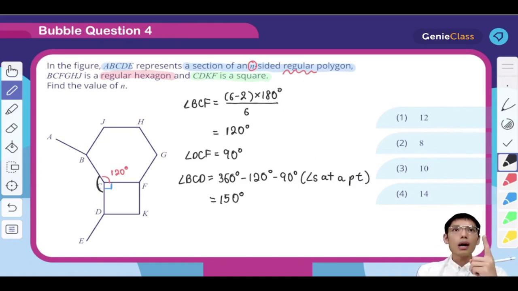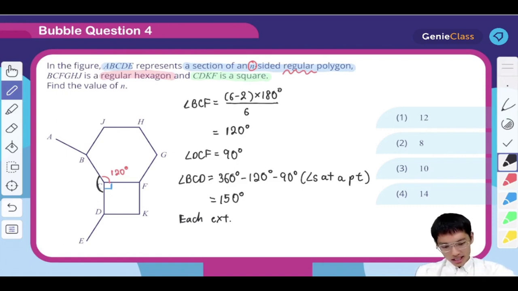Okay, so one way you can do it, you can straight apply the exterior angle formula, which is I go and find each exterior angle. Now, some of you may ask, teacher, why don't I just do n minus 2 times 150 divided by n? In this case, take note, I don't know what n is. I'm finding the value of n.